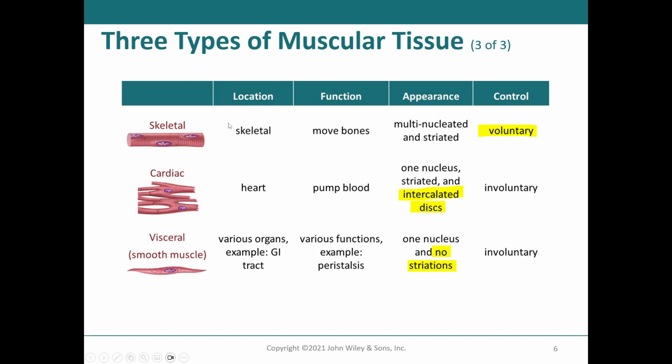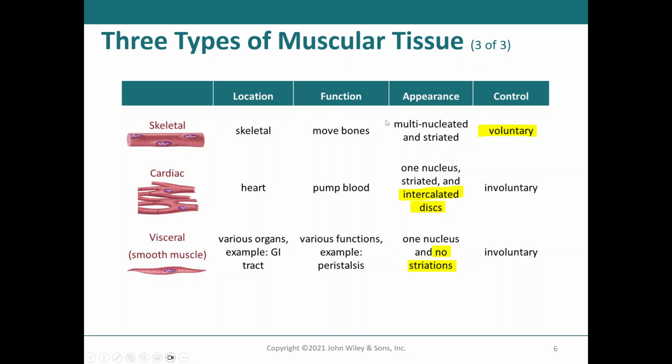For skeletal muscle, with the name, they're going to be attached to the skeleton, they're going to be attached to the bones, because their main function is to move those bones, to give us movement, to give us ability to change our bodies, or not like internal arrangement, but how we interact with the world, basically.